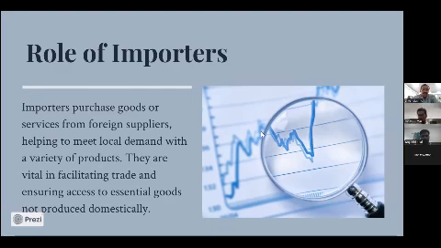So definitely I will call a foreign technician of the company to help us in the operation of how to use this machine, etc. And I will take his services. So these are called foreign technician services. And if I am buying the goods, that is equipment, it is called foreign imports of goods, which will help in meeting local demand with a variety of products.